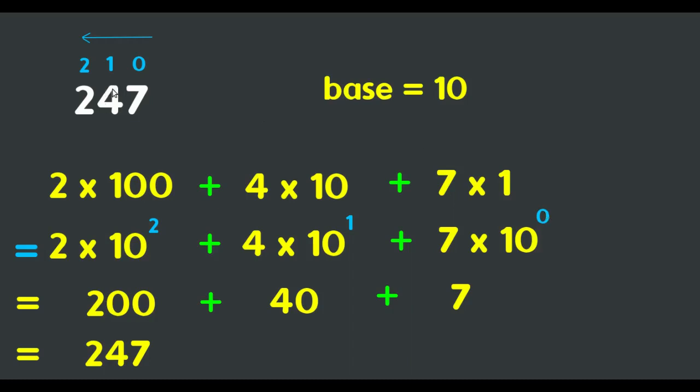Similarly, 4, the second digit, gets sequence value 1, and then we are multiplying it by 10 power 1. And the third digit gets sequence 2, and we are multiplying it by 10 power 2. And this is how the base value and the position of digits become important in a positional radix-based number system.